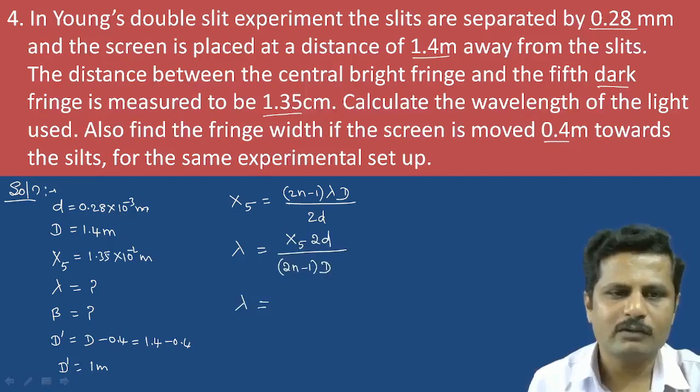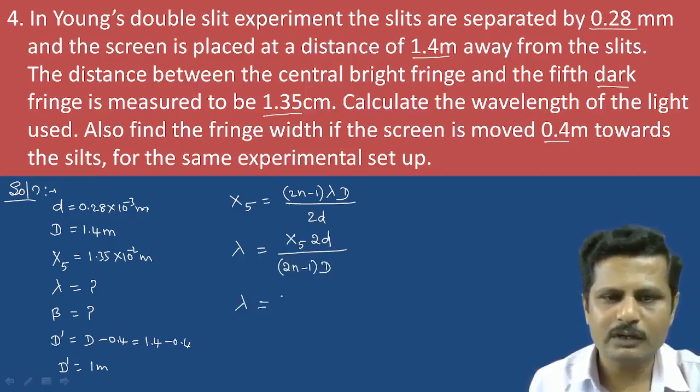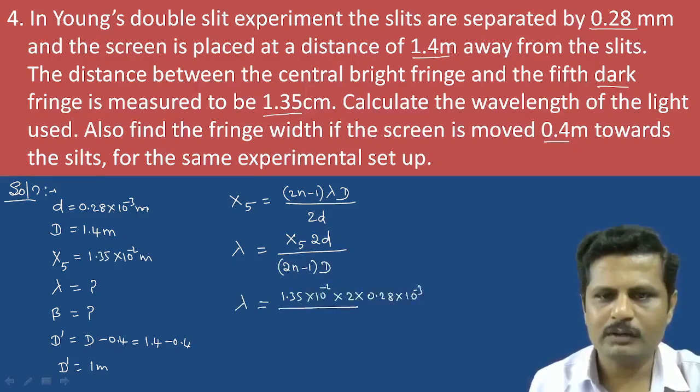Here x5 equals 1.35 into 10 raised to minus 2 into 2 into d. d equals 0.28 into 10 raised to minus 3 divided by 2 into, here n is equal to 5, minus 1 into capital D. Capital D equals 1.4.